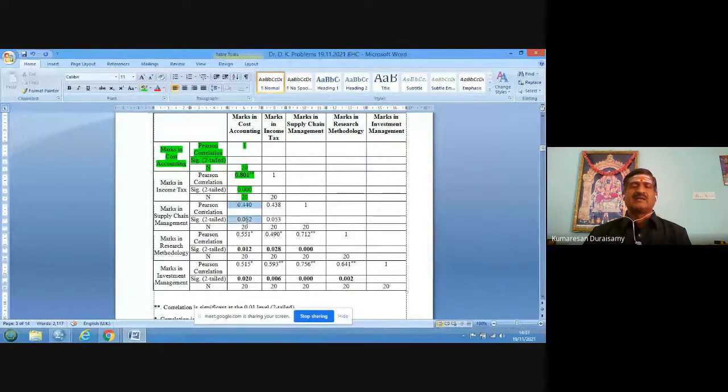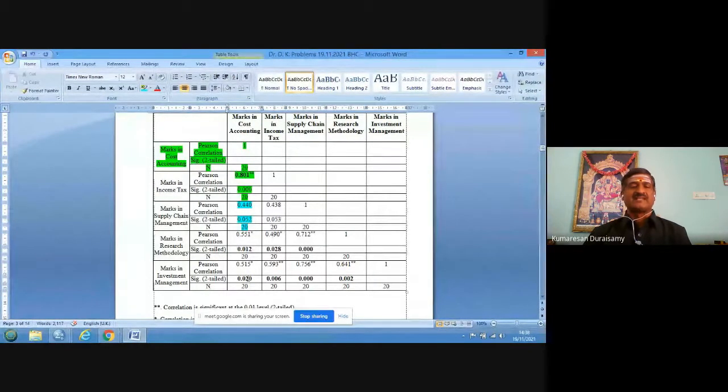They are related, look at this, to the extent of 44% only. And the p-value is also greater than 0.05. So there is no significant relationship between marks in cost accounting and marks in supply chain management.